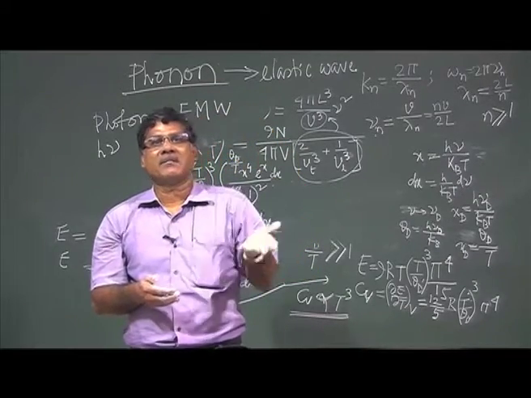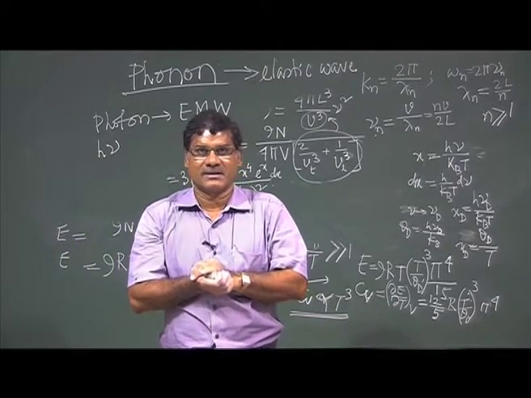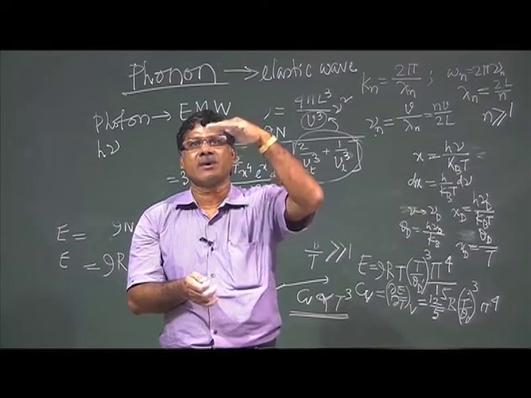So, that higher energy level, as I told, is like a harmonic oscillator, okay. It has h nu, 2 h nu, 3 h nu, n h nu.